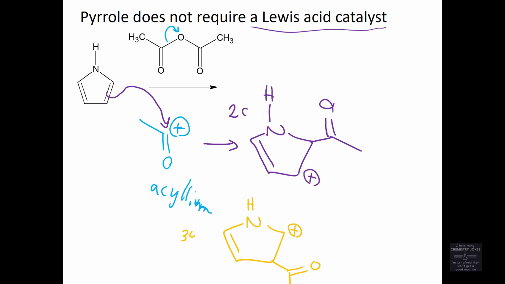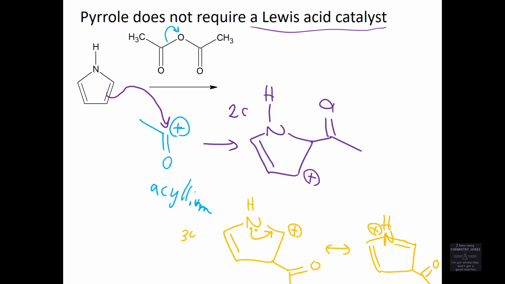We can do resonance of this Wheland-like intermediate, and that lone pair from nitrogen donates down in this corner. But the buck stops there. You can't donate electrons from this pi bond toward that positive because that would explode nitrogen's octet.